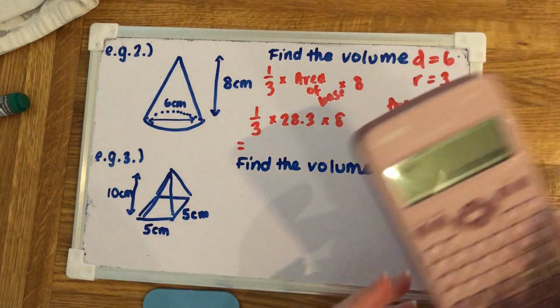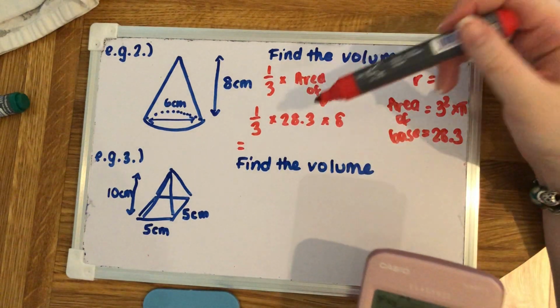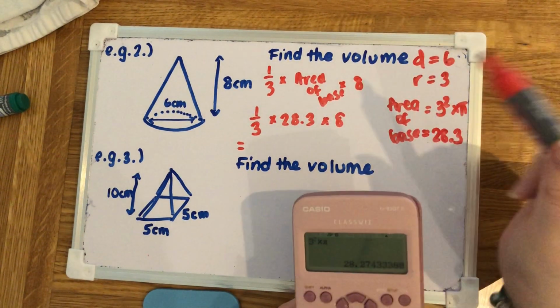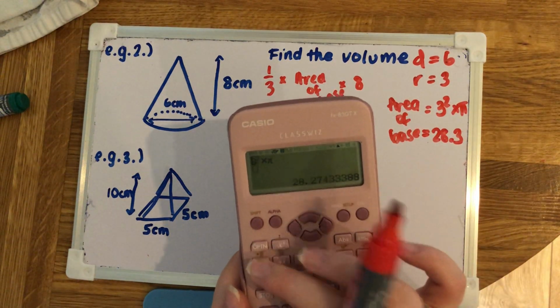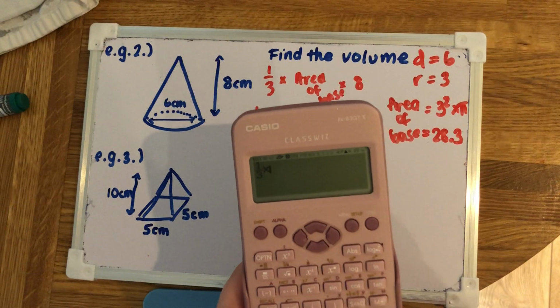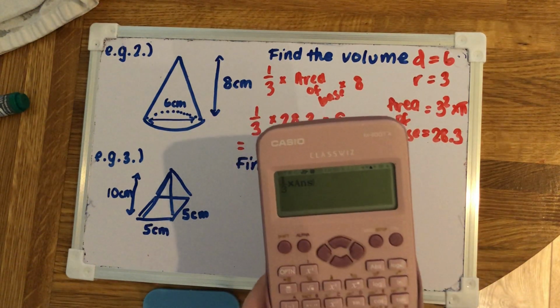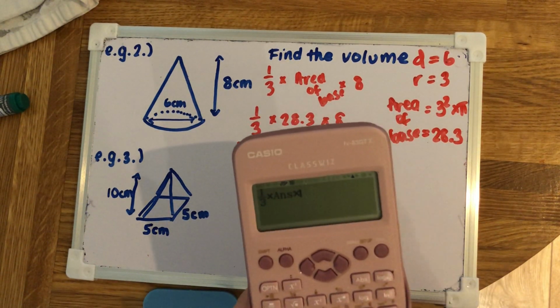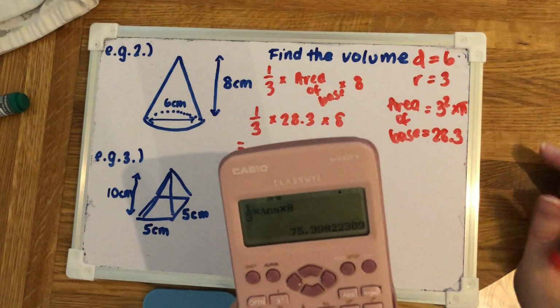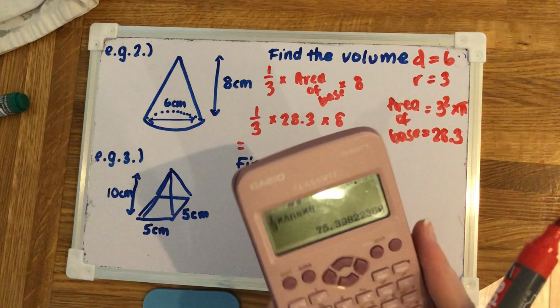When you do this next bit, if you just click answer, it will keep all the decimal places, so your answer will be as accurate as it can be. So 1/3 multiplied by the answer, which is what we've just done for the area, times by 8, the vertical height, which is 75.4.